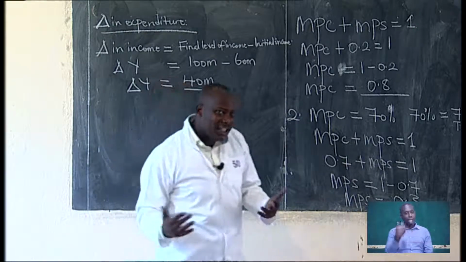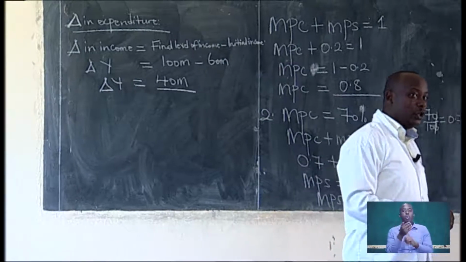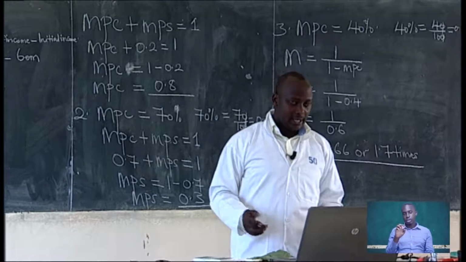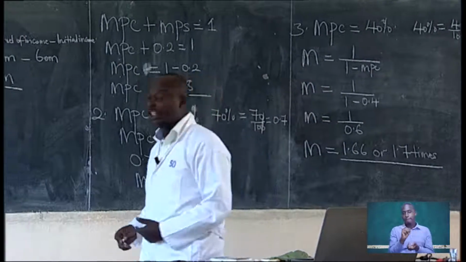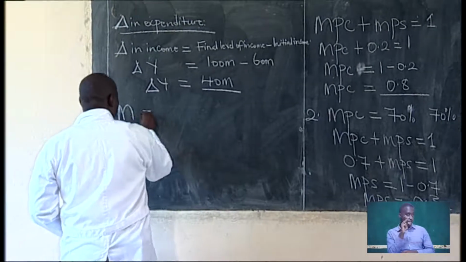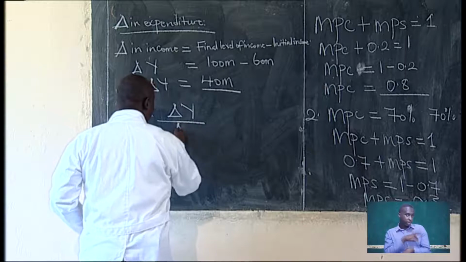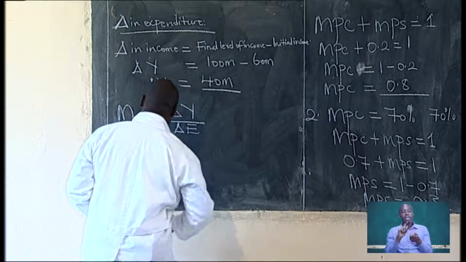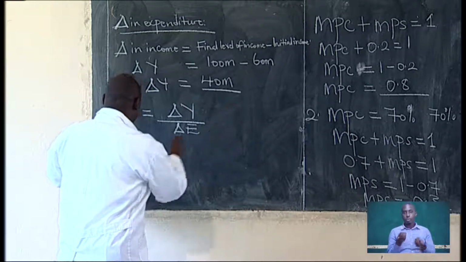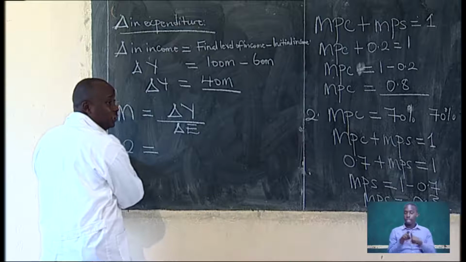Now, after getting a change in income, it will be easier to get a change in expenditure using the multiplier formula. We know that the multiplier is equal to a change in income divided by a change in expenditure. We are given the multiplier, which is 2, so where there is M, we substitute in 2.